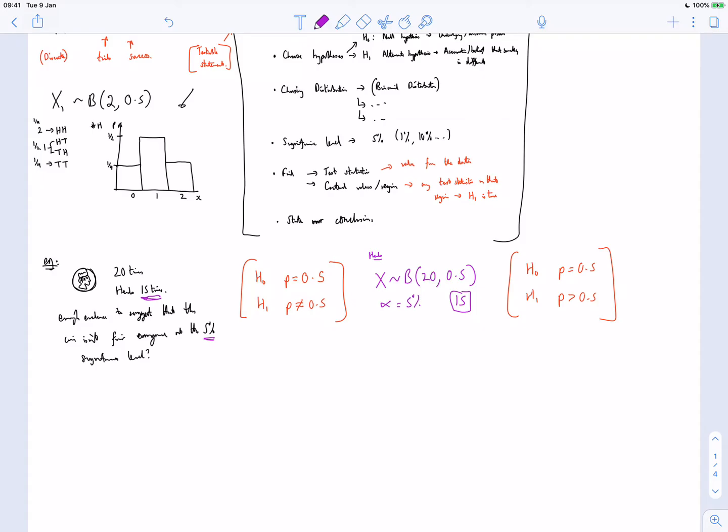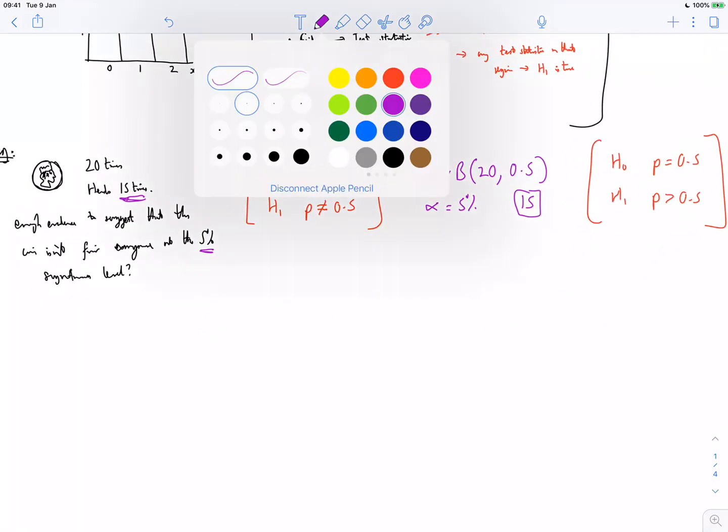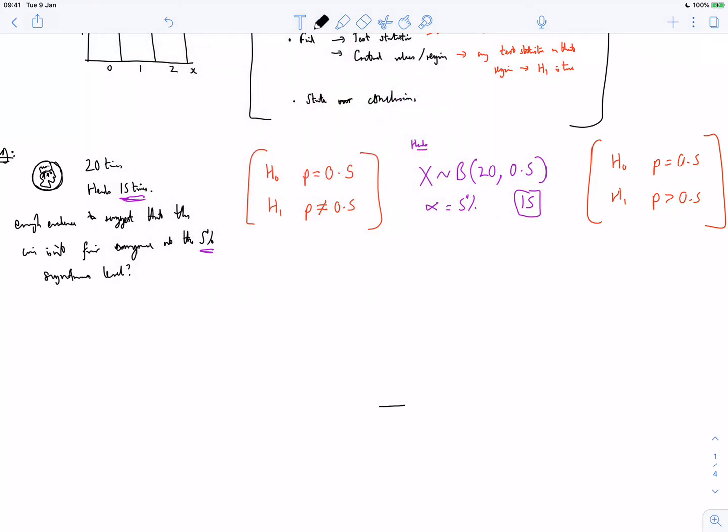Now, if the coin has been flipped 20 times and the probability is 0.5, then I have 0, 1, 2, 3, 4, 5, 6, 7, 8, 9, 10, 11, 12, 13, 14, 15, 16, 17, 18, 19, 20.